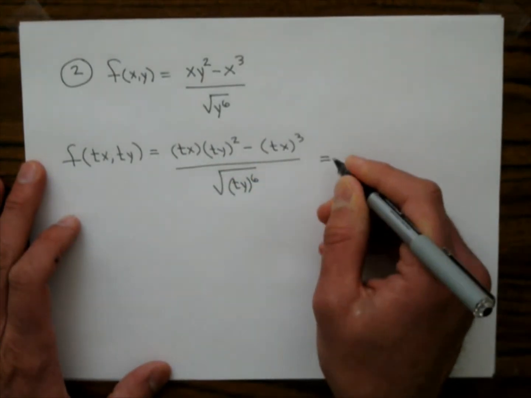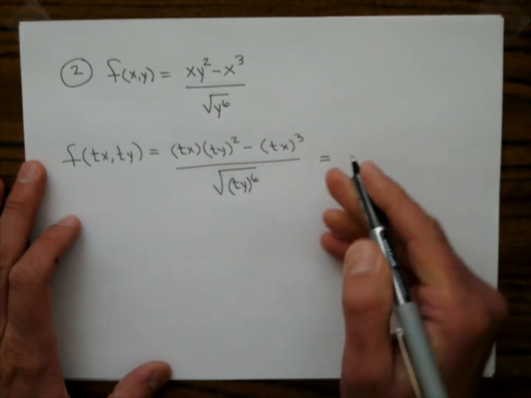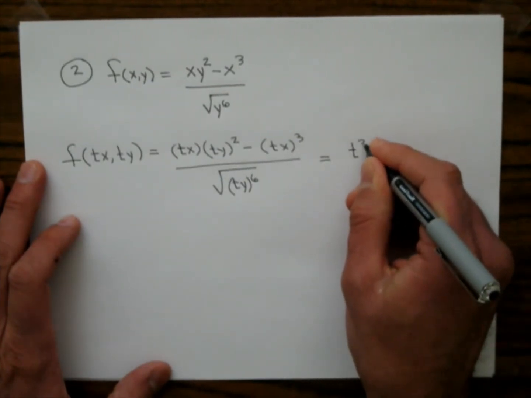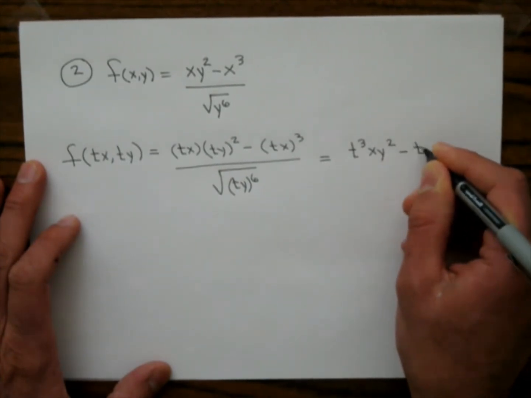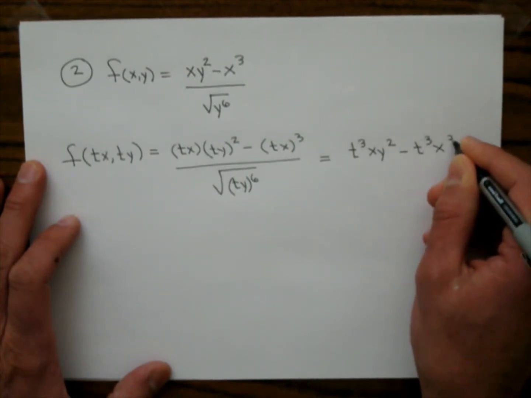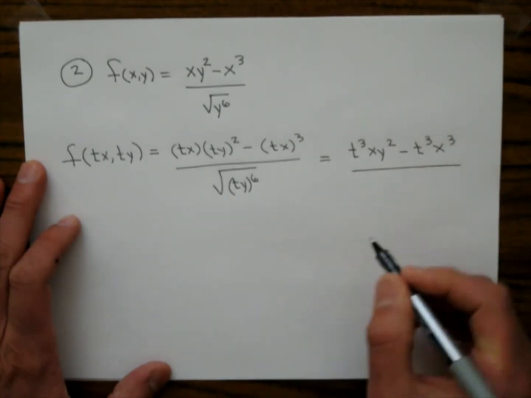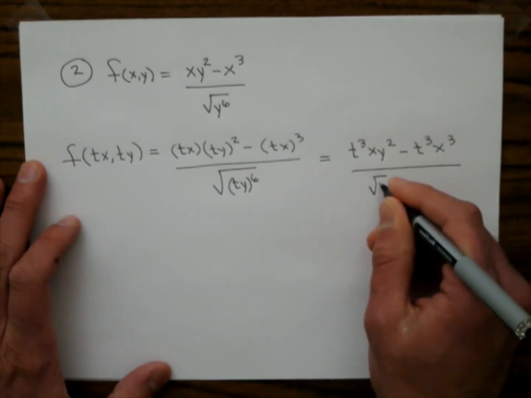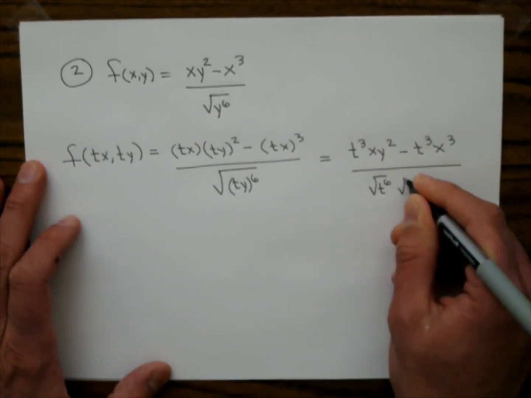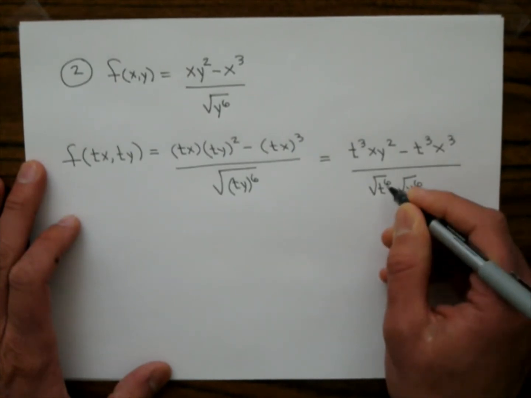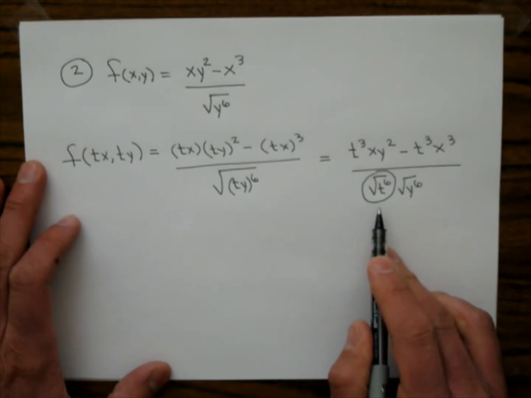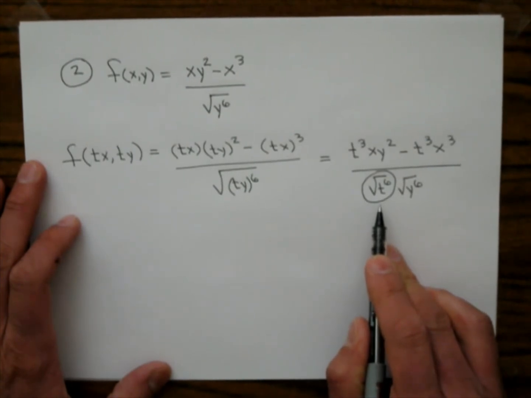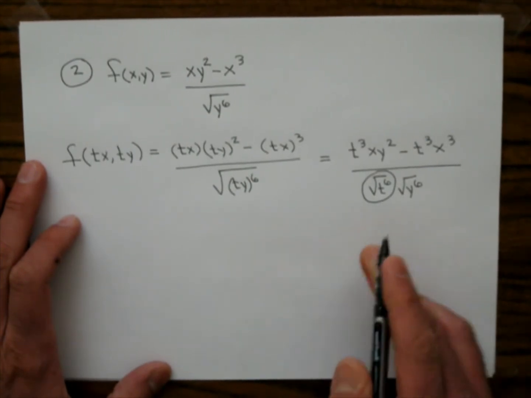Okay, so on the top I'm going to just do some algebra: t to the third x y squared minus t to the third x cubed. This is all over, this is really the square root of t to the sixth, square root of y to the sixth. And because t is a positive number, and that was in the definition of homogeneous of degree 0, this thing is just going to equal t cubed, the thing that I have circled.